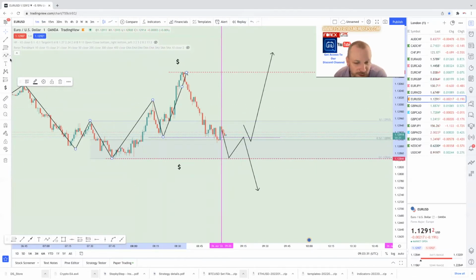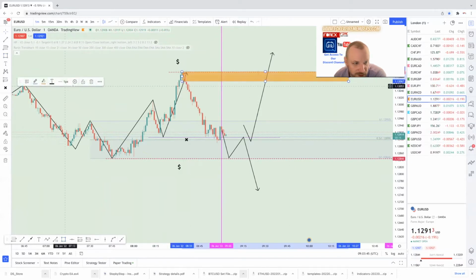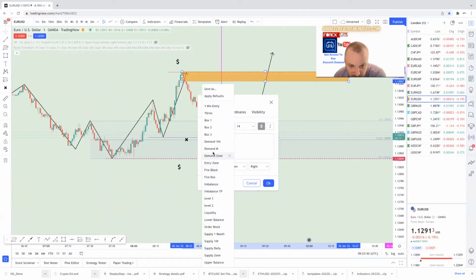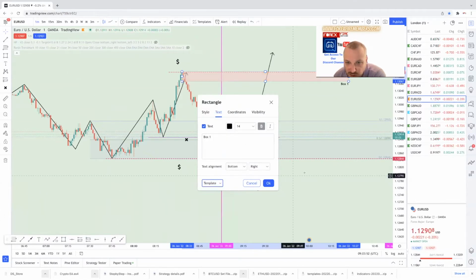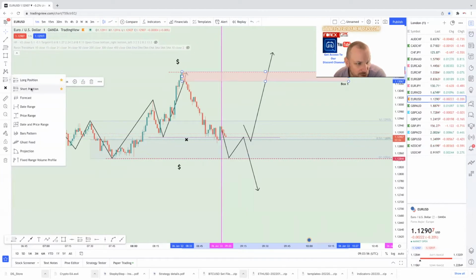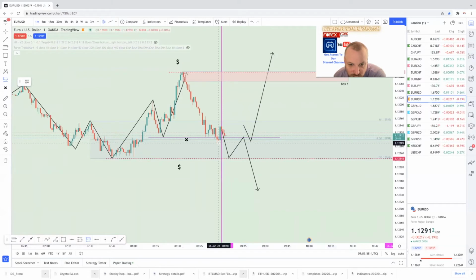One thing we could have set now as a trade, to be fair, is because we have taken the liquidity on there. We're not doing any fibs or anything else. We are simply doing a return back to an order block area, and then you would go right where we broke structure here.